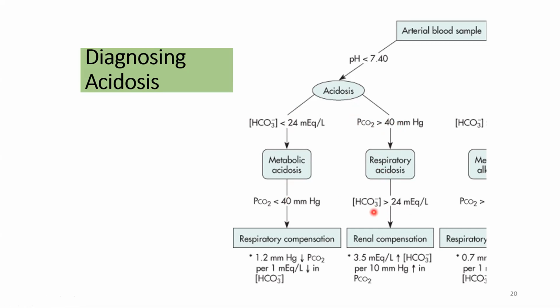And to compensate, if respiration is the culprit, what is the rule of thumb? The compensation will come from the kidney. Okay, and what should the kidney do? The kidney should basically increase, because it's acidosis, the kidney should increase the bicarbonate to fight this acidosis. Okay, and this is a calculation of how much bicarbonate needs to go up for what unit of increase in PCO2.